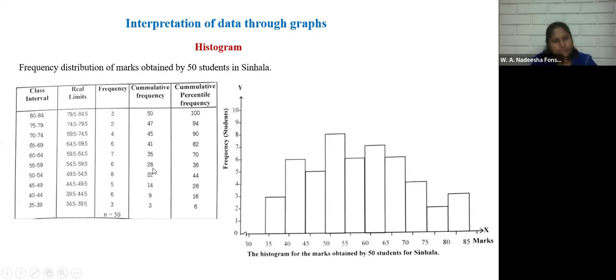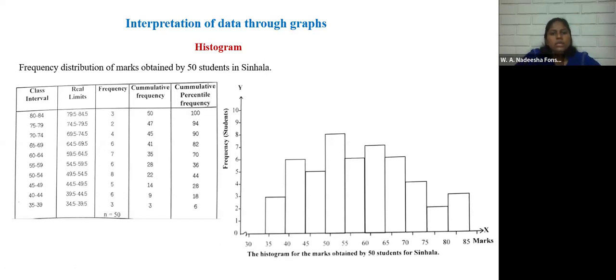If you interpret it here, 28 means there are 28 students who got 59 or below 59 marks. That is how you interpret the cumulative frequency. It tells us the number of candidates below that particular limit.